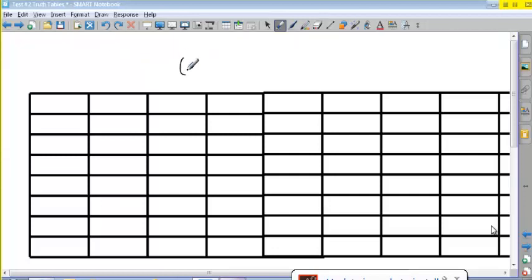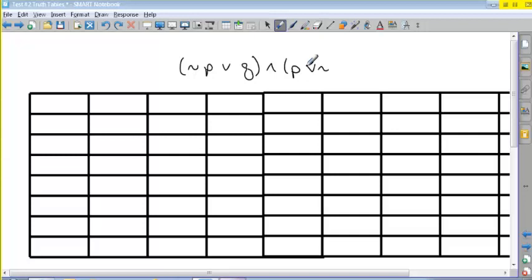Okay, so the logic expression I'm doing here is the negation of P or Q and P or the negation of Q. So it's a little more complicated than the previous one.